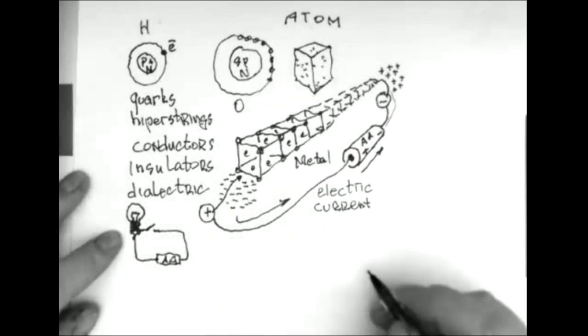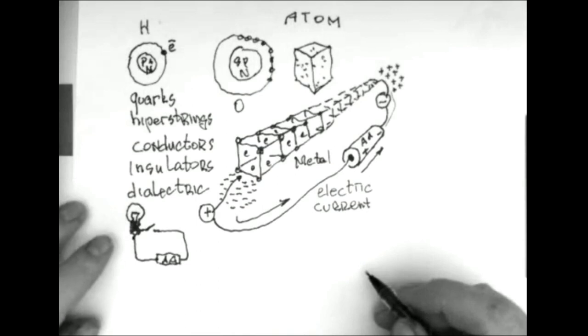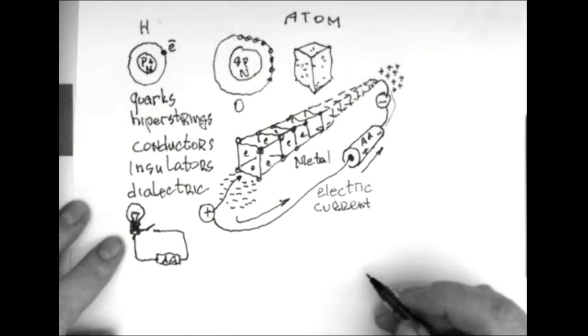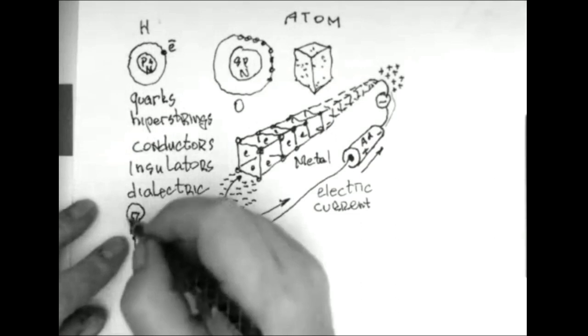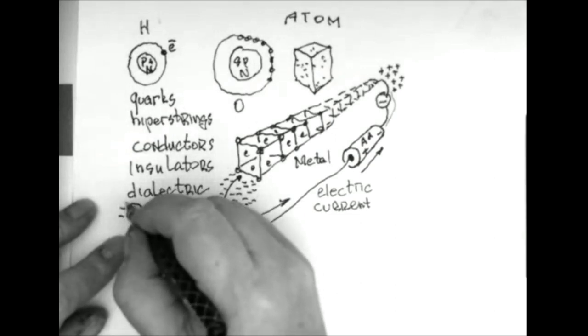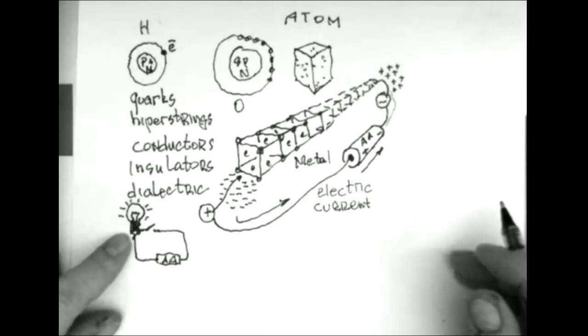The switch looks like this, right? That could be a button on the flashlight or the wall switch for any electrical lamp. So when you close the switch, the lamp will shine. So the manifestation of electrical current here is the light.